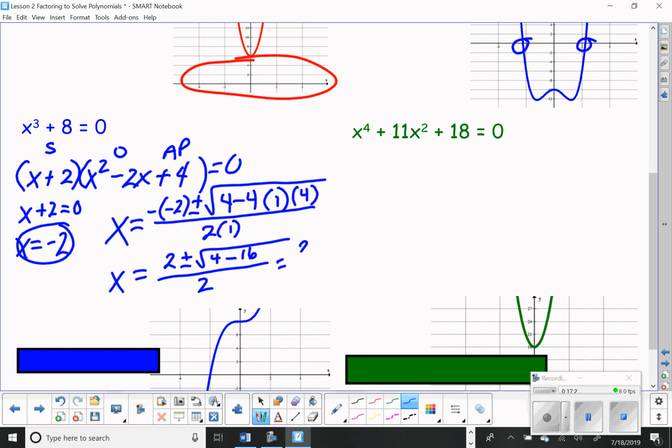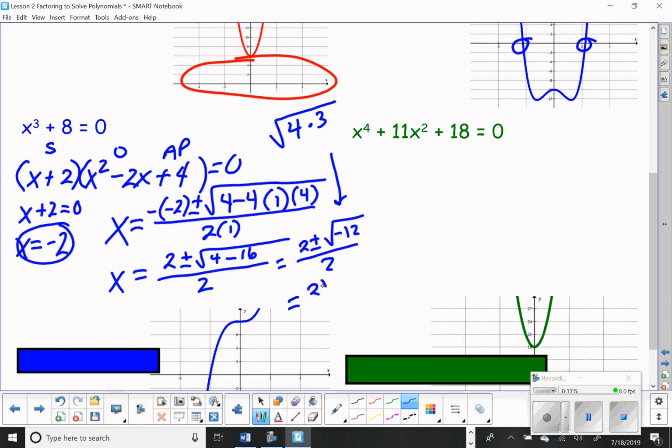This is going to be 2 plus or minus the square root of negative 12 over 2. You can't cancel these 2's yet because I don't have a 2 here. All terms have got to have a 2. Now, remember, simplest radical form. The square root of 12 is the same thing as square root of 4 times 3. Square root of 4 is 2.